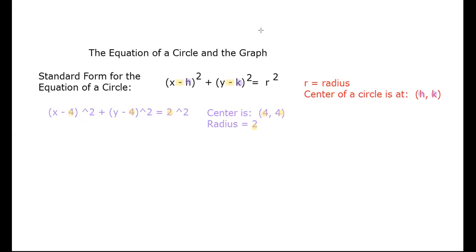If I wanted to graph this circle now on the coordinate plane, I know exactly where the center is. The center is at (4, 4). So I would go over 4 and up 4.